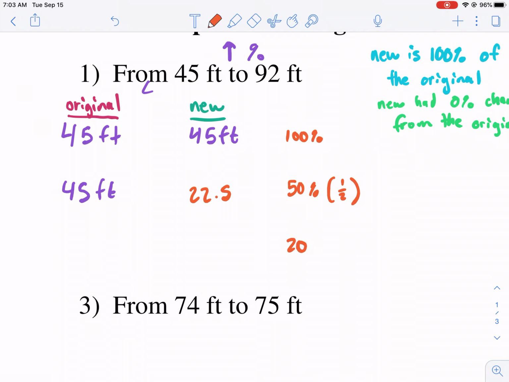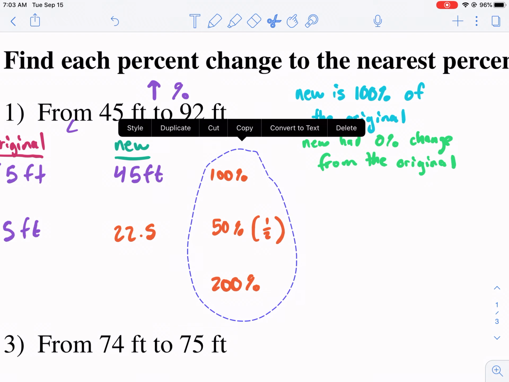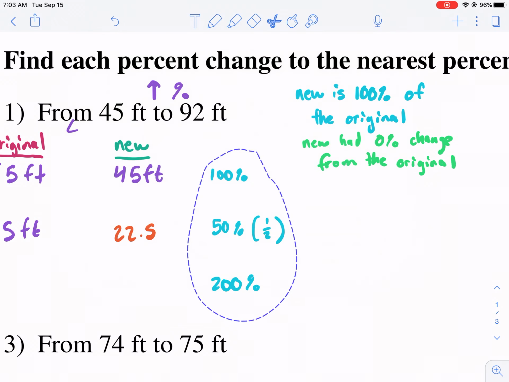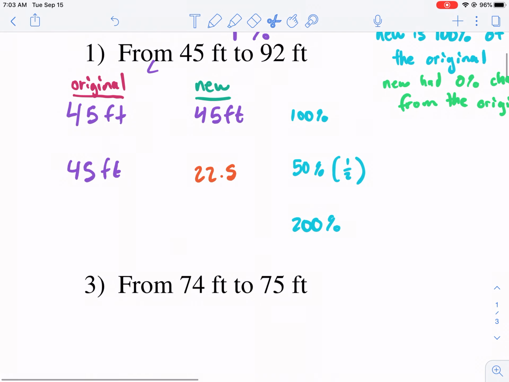The last example I want to go over is 200%. What happens if you have 200%? The new value is 200% of the original. I'm not talking about percent change just yet, but I just want to understand, of the new amount, how much of a change is it?